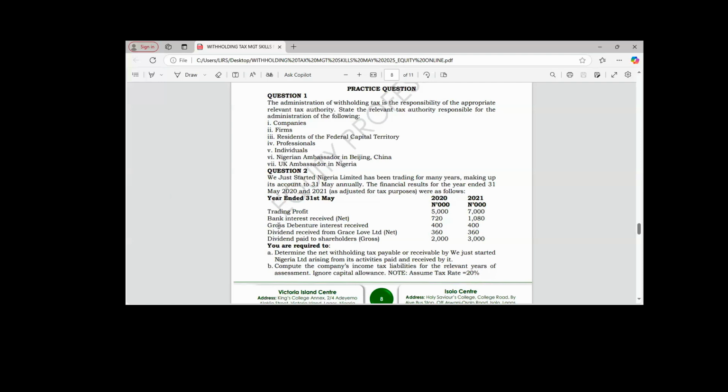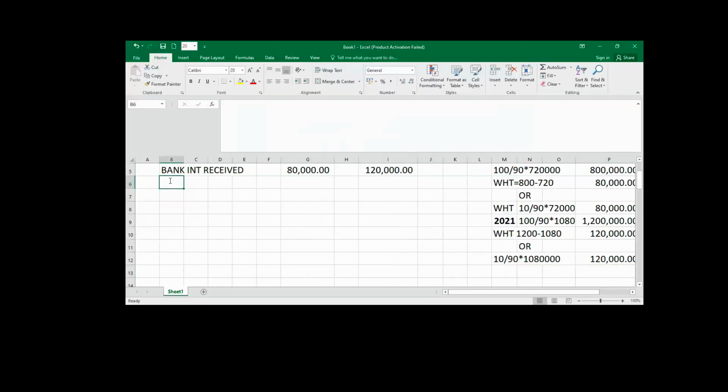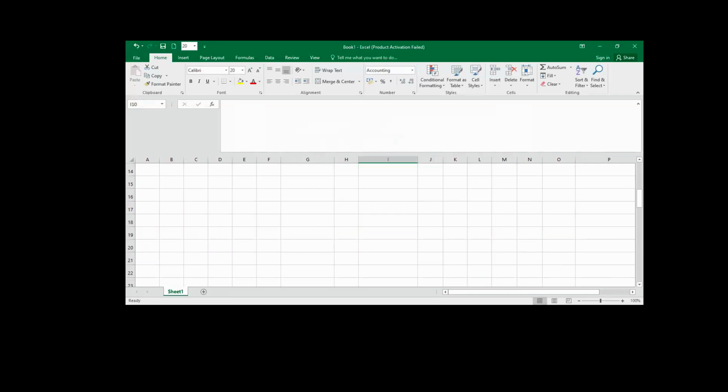So we have a dividend received from Grace Law, net. The second item is dividend received, so we go to our next working, Working 3.